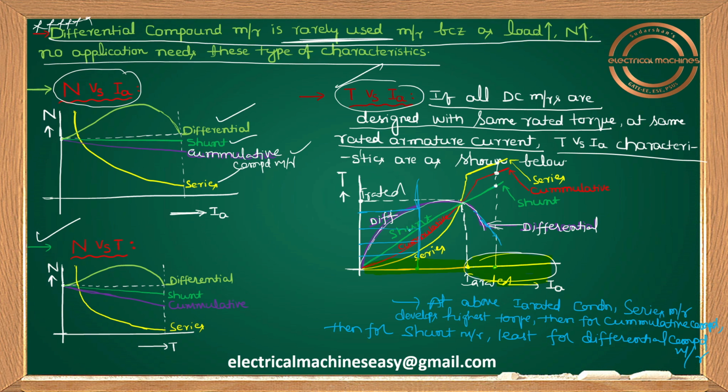Your answer is shunt, not series, but so many people went for the option series. That is not correct. At above rated armature current, in this region, the series motor has higher torque than shunt. But at below rated armature current, shunt has higher torque than series. Be careful, and react depending on where the question is asking.